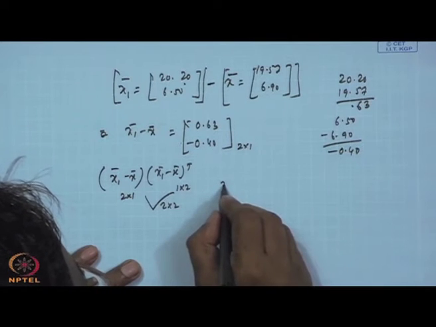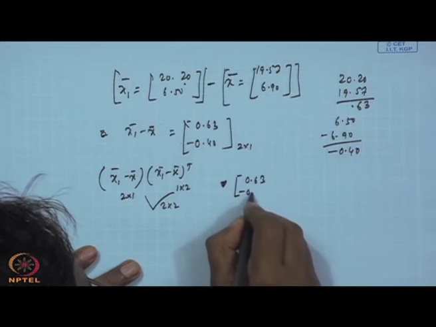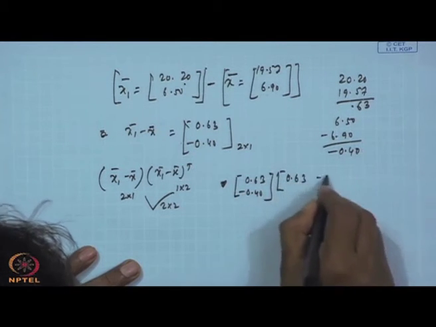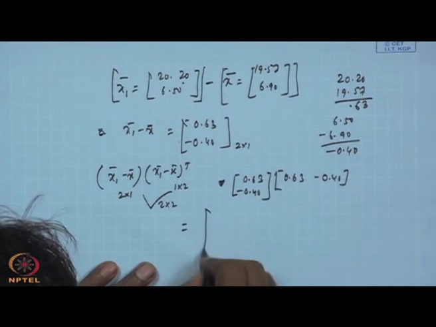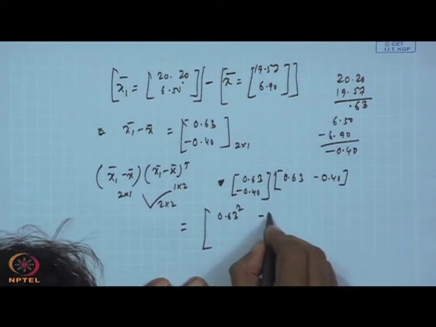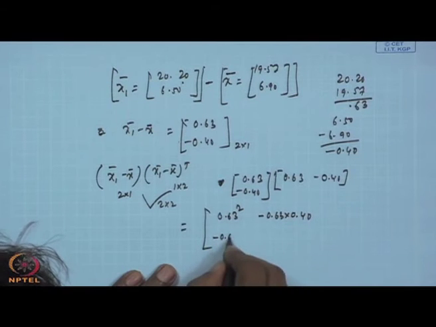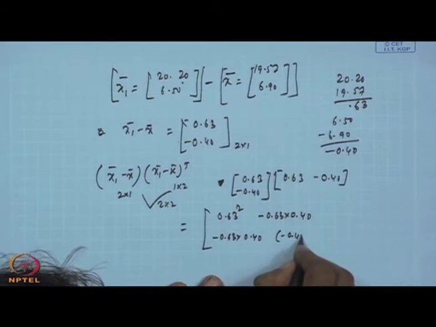So I can write 0.63, minus 0.40 into 0.63, minus 0.40. The resultant matrix will be 0.63 square, minus 0.63 into 0.40, minus 0.63 into 0.40, then 0.40 square.